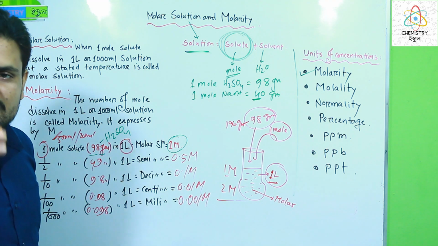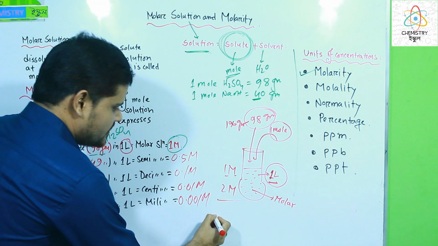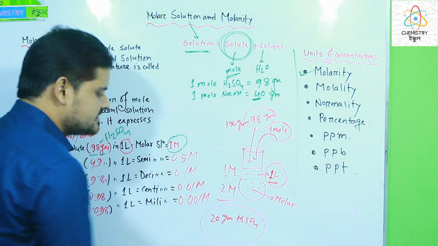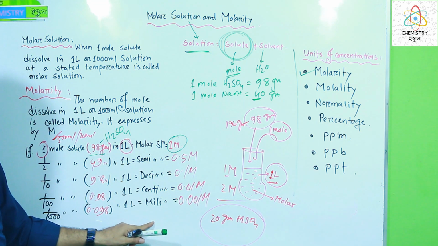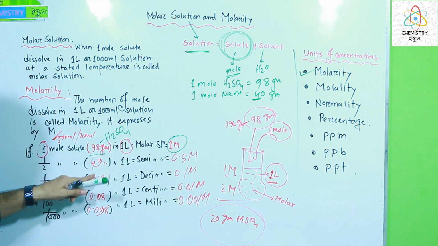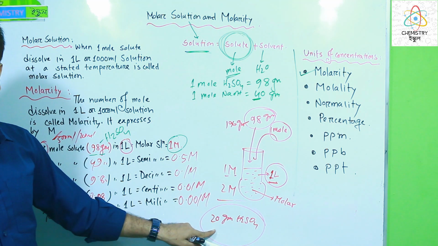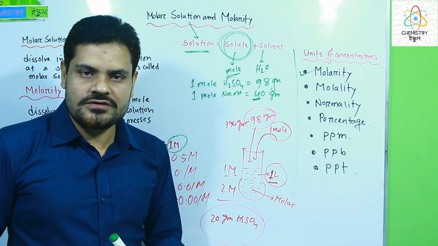And if I want to get the molarity for 20 gram of sulfuric acid, can I say this has a specific molarity? No. Specific molarity means this type of amount. But from 20 gram we can't easily get the specific molarity. So we have another way to find out the molarity.